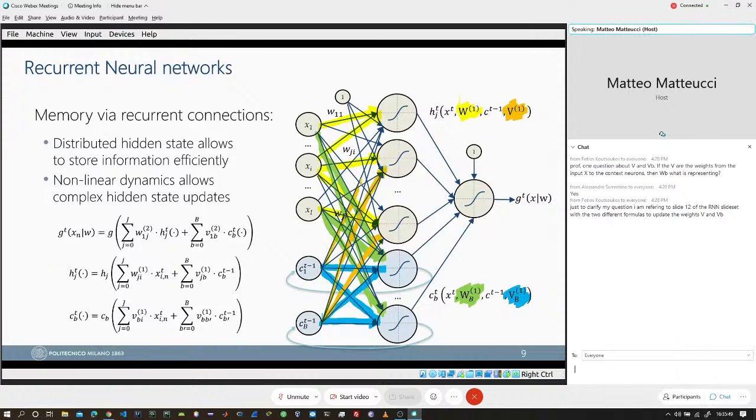Now, as I mentioned, these V weights are not always there, so basically they can be skipped. What is relevant here are these weights. Sorry, let me use the right color. Okay, let me use the same color that I used.